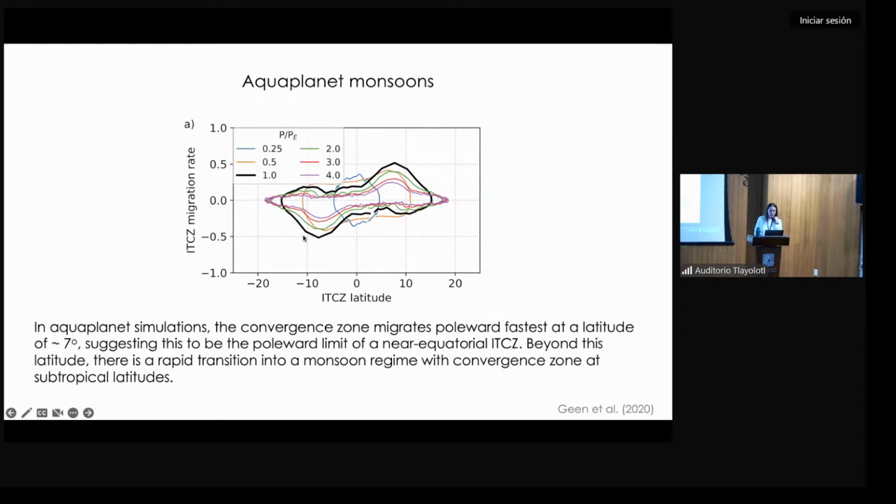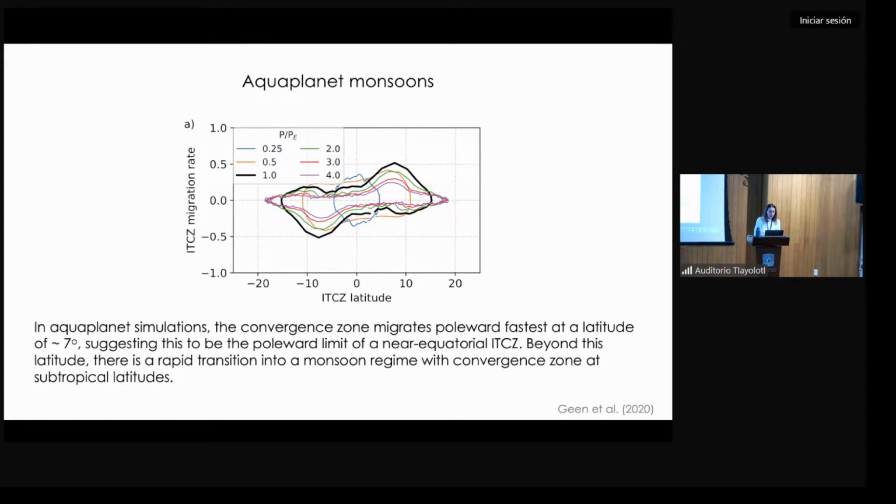Notice how, for instance, in the very shallow mixed layer, which the thick black line represents, we clearly see an ellipse shape, and we also see that the ITCZ migration rate reaches a peak.